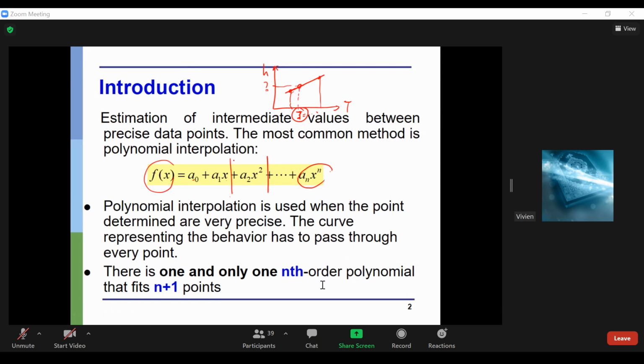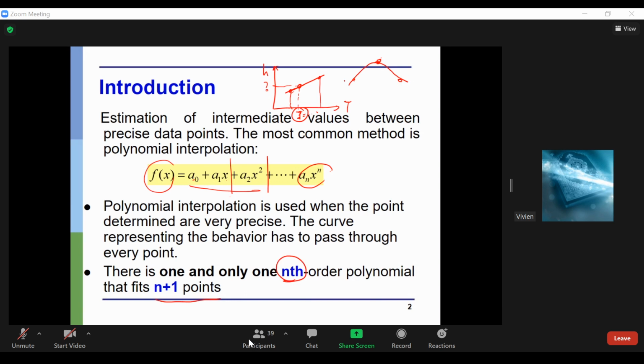When we want to find the quadratic equation, it means that we need more information. If we want the quadratic approach, we need at least 3 points to get a curve. So if we have n plus 1 points, the highest order will be the nth order.